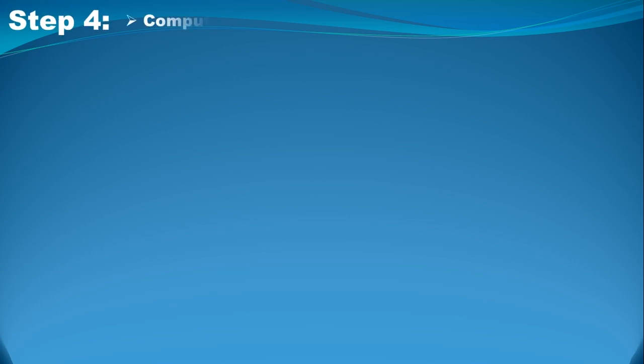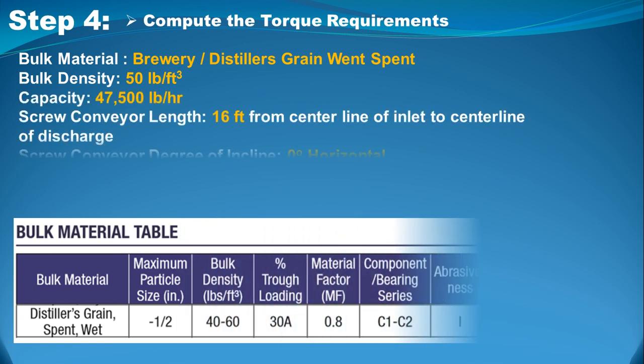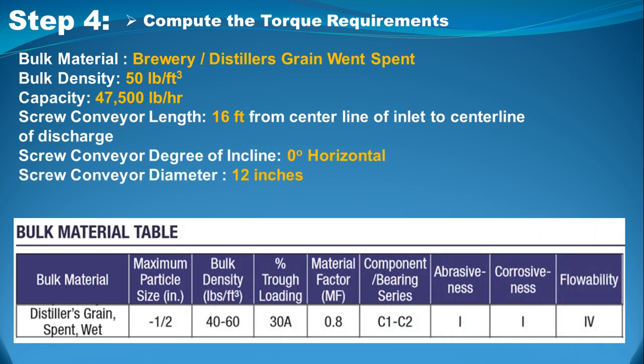For step 4, compute the torque requirements. So based on the data, the bulk density is 50 pounds per cubic foot, capacity of 47,500 pounds per hour, length of 16 feet, and of course the degree of incline is 0 degrees, and the conveyor diameter is 12 inches.